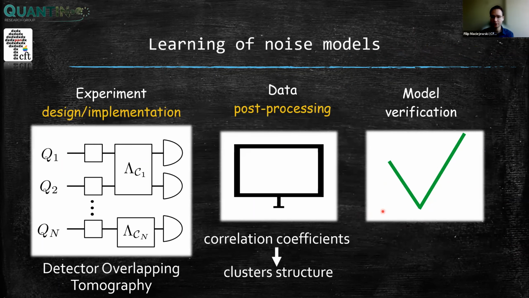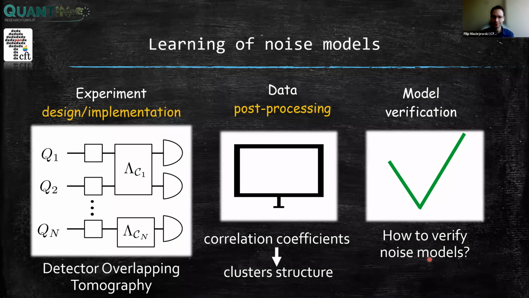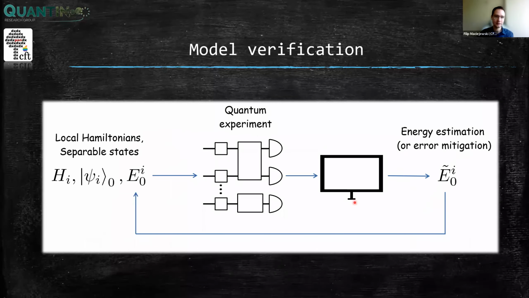Okay, so I told you that we can do this detector overlapping tomography, get correlation coefficients, and reconstruct the readout noise model. The last question I will attempt to answer now is how to verify that reconstructed noise model, so how to check if it agrees with the data. We now assume that we have already characterized the measurement device, and we have some noise model that we want to benchmark.